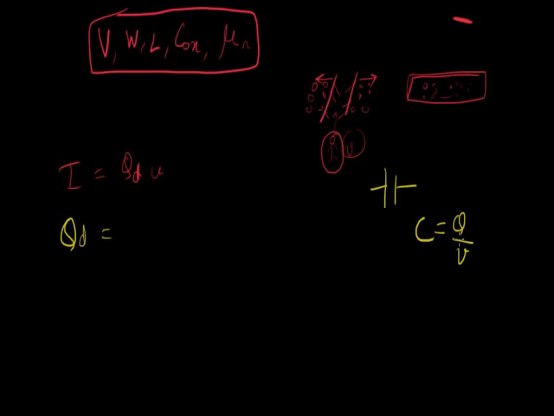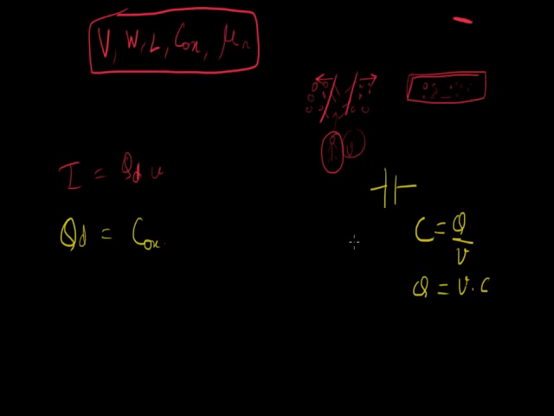Capacitance equals charge over voltage. That means charge equals voltage times capacitance. Okay? Here, the only capacitance we're going to deal with is the capacitance of the oxide, correct? So let's write that down.